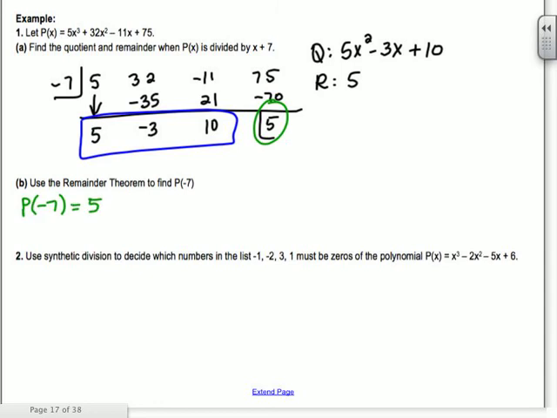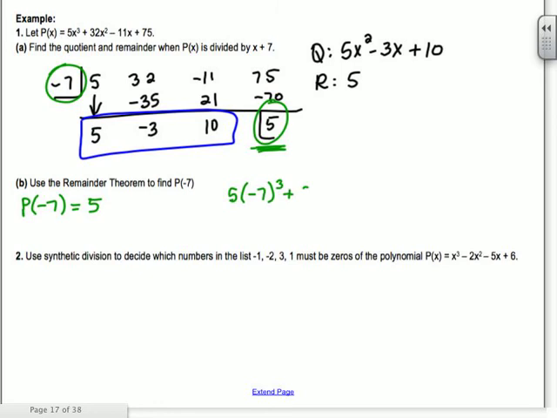Okay, so the remainder theorem says that p of negative 7 has to be 5. Because I had negative 7 in my backwards L, that's the same as if I plugged it into my polynomial, my remainder is the same thing.